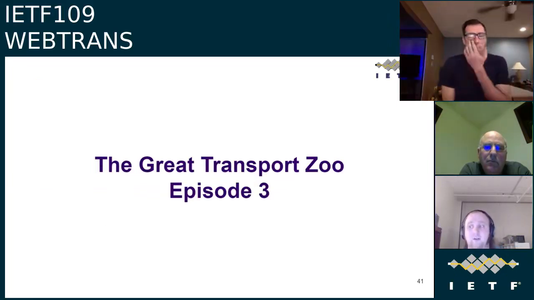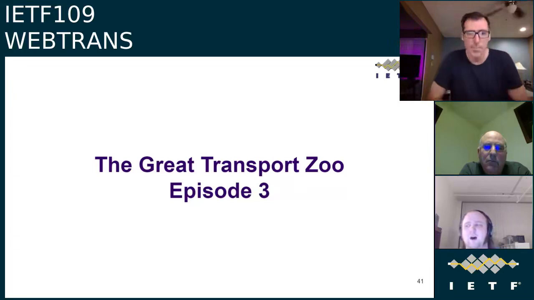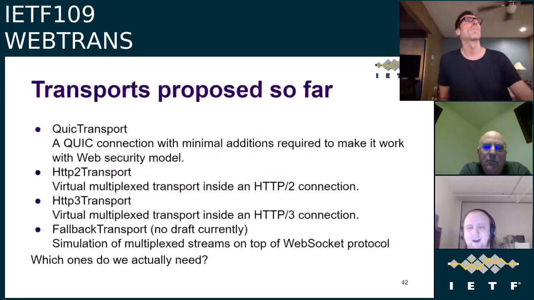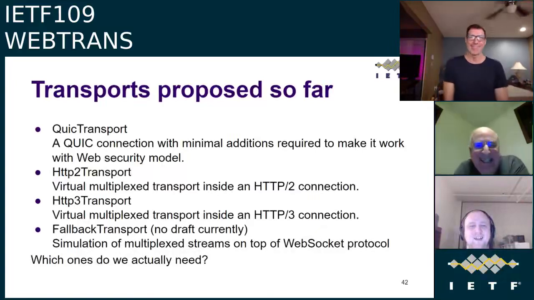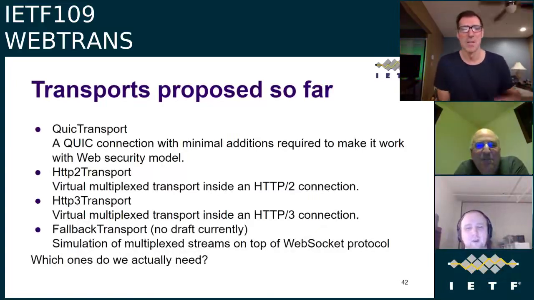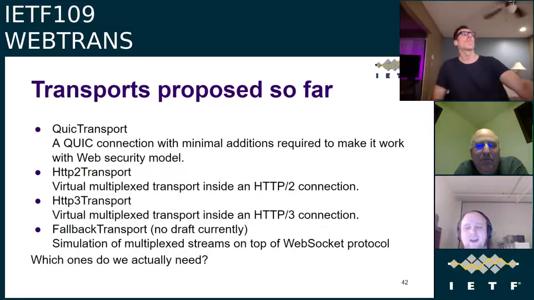Now let's get to the Great Transport Zoo. I regret to inform everyone here that we've been approved for a third season of this. The Great Transport Zoo is where we look at all of our transports and decide which ones we want and which ones we don't. And there are 4 options, which means that there are 2 to the power of 4 variants.